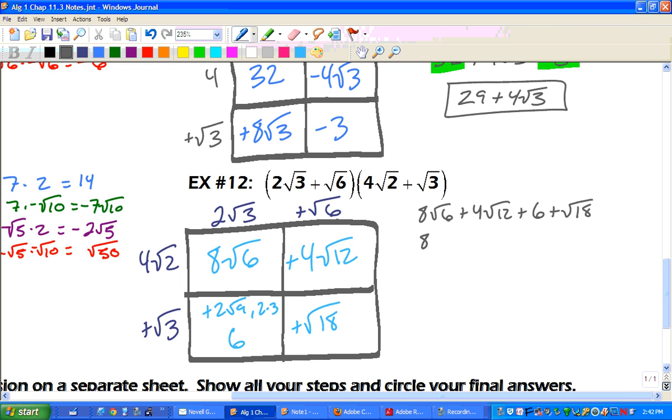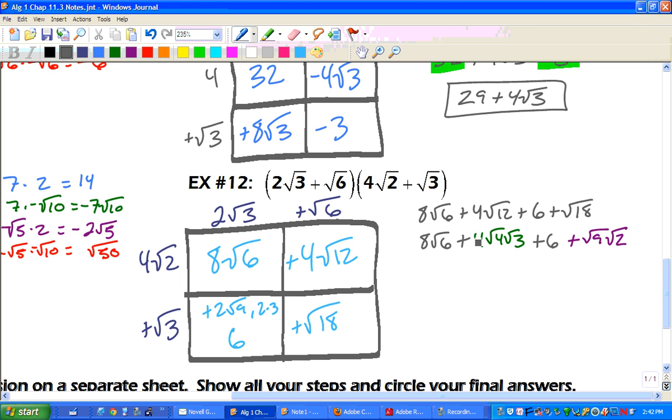Okay, so 8 root 6 plus 4, and 12 breaks down to 4 and 3, plus 6 plus 9 and 2.